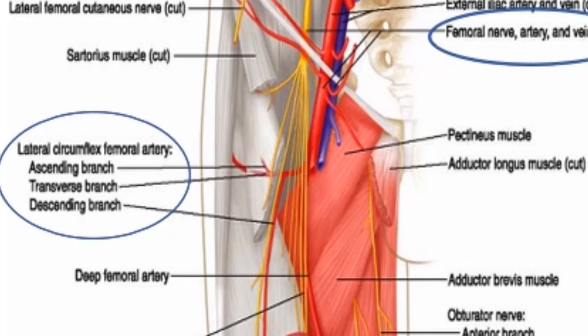Now, this artery will divide these branches of the femoral nerve into 2 parts. We have the part we call the anterior, and the part we call the posterior divisions. Sometimes we see them called the superficial and the deep groups.